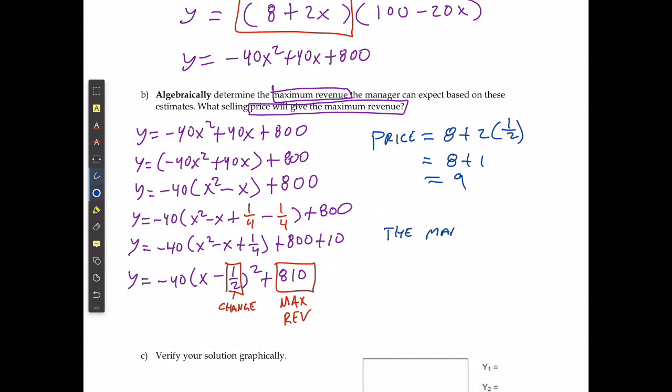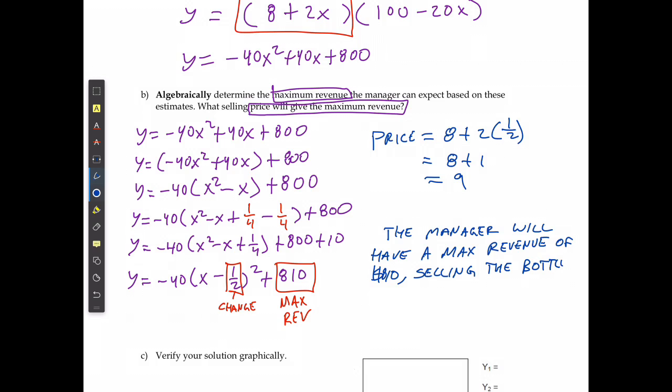The manager will have a max revenue of $810 selling the bottles at a price of $9.